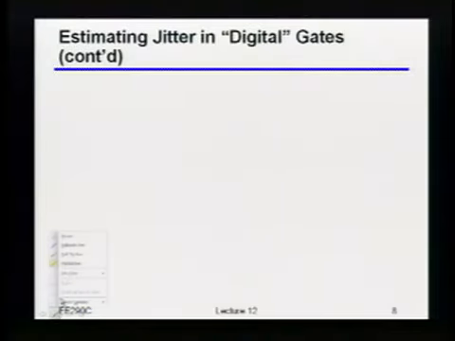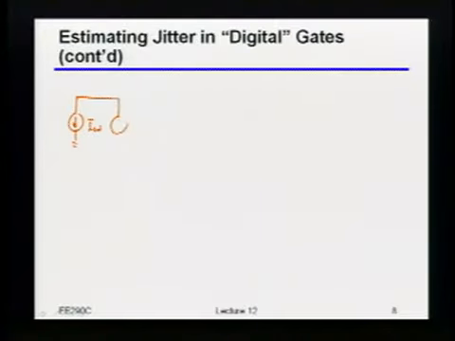To do that, I'm going to quickly redraw what our model looks like, just to make sure everyone's on the same page. We've got some I_on, some noise currents, some capacitance, and this time let's assume that capacitance is initially charged to VDD. In other words, we're doing a superposition kind of thing where we've already included the effect of the kT/C noise, so now we're just interested in the jitter due to this noise current.